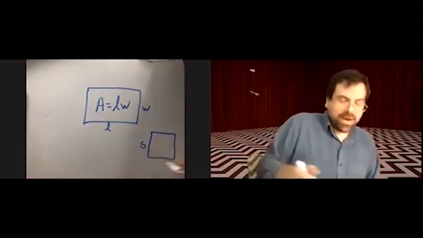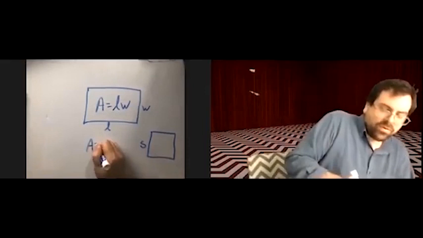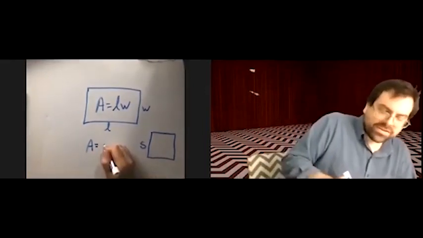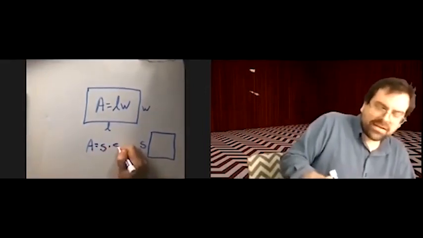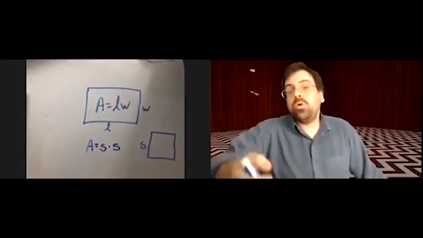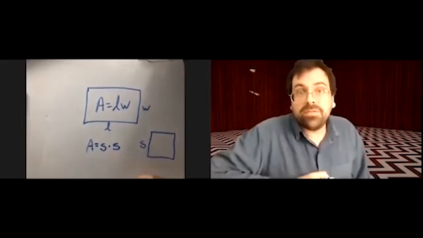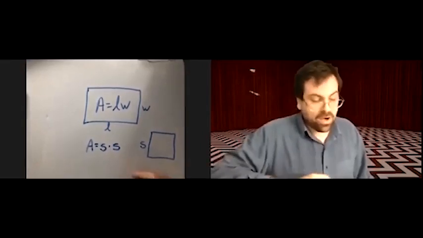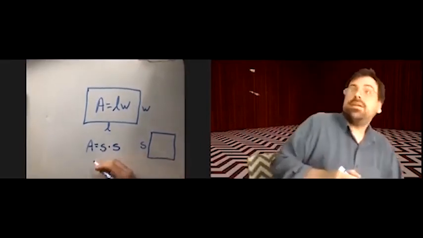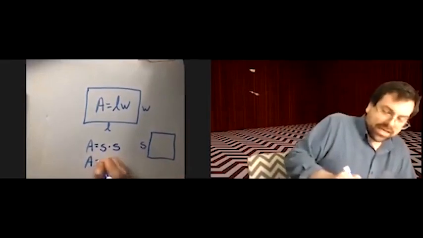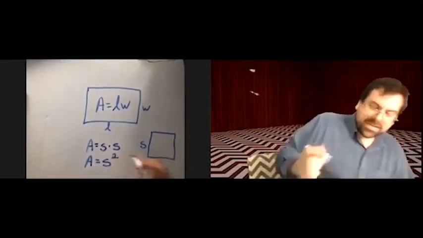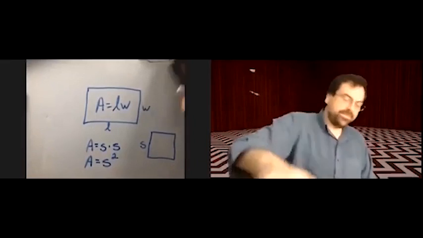So the area of the rectangle formula tells us that an area of a square would be side times side. What do we call it when we multiply something by itself? We call it squaring. Side times side is side squared.